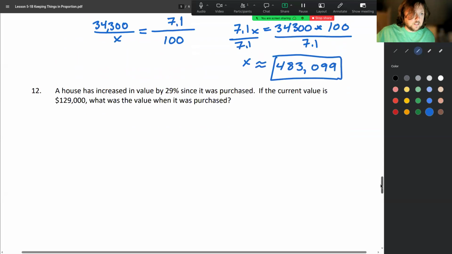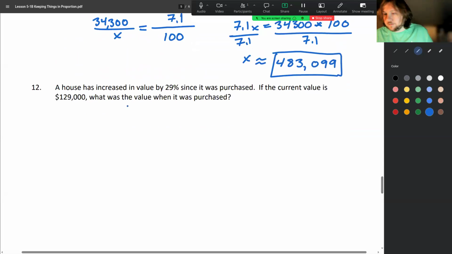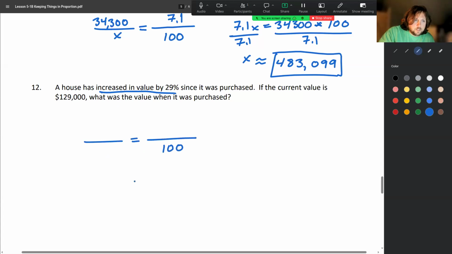Okay. A house has increased in value by 29% since it was purchased. If the current value is $129,000, what was the value when it was purchased? Oh, okay. So we see increased by 29%. So we have to be careful with that. So we put our 100 there.